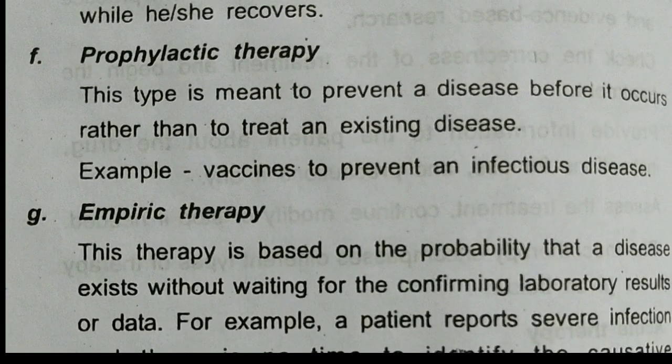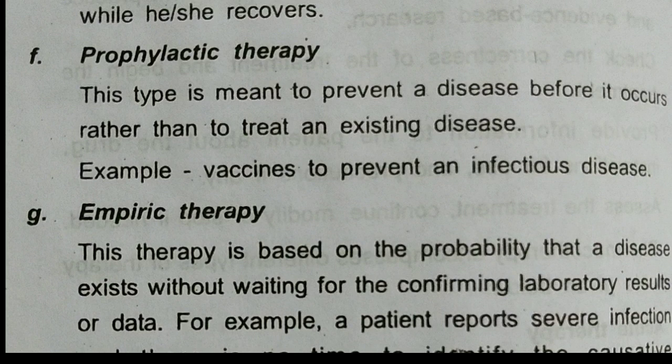Prophylactic therapy. This type is meant to prevent a disease before it occurs rather than to treat an existing disease. Example, vaccines to prevent an infectious disease. Empiric therapy. This therapy is based on the probability that a disease exists without waiting for the confirming laboratory results or data.